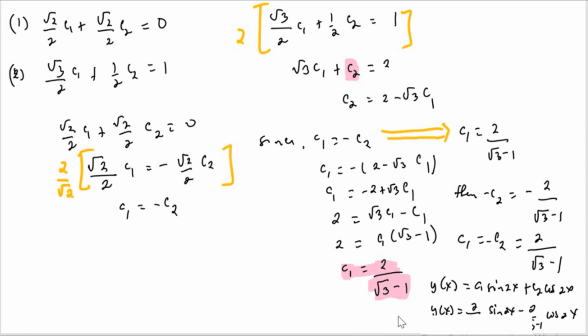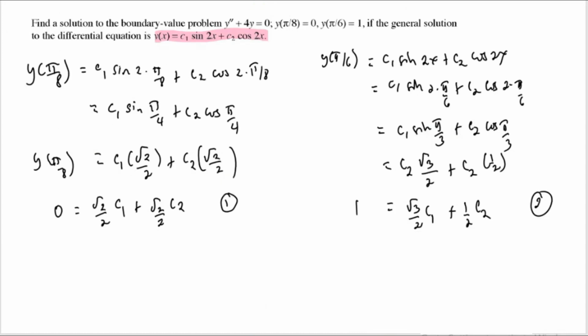Since I don't have space, let me write the final answer: y of x is equal to 2 over square root of 3 minus 1 times sine 2x minus cosine 2x. So this is now the answer to our question, finding the solution to the boundary value problem of y double prime plus 4y is equal to 0 given the initial value conditions.